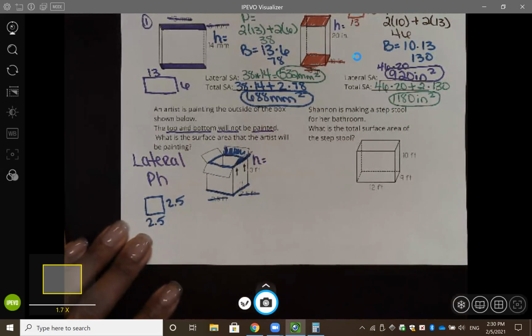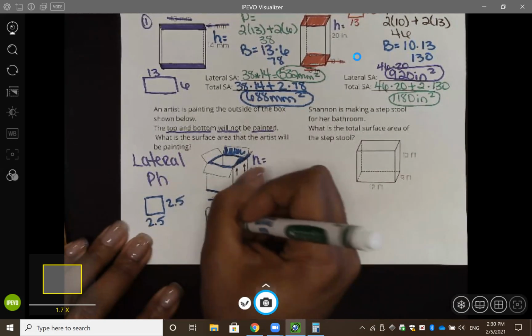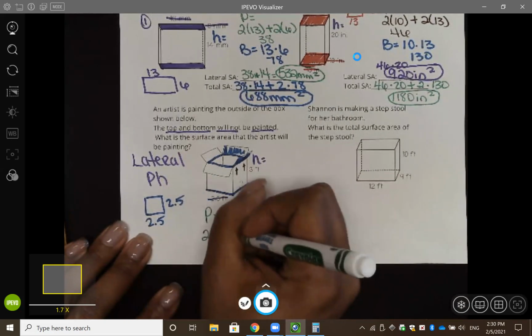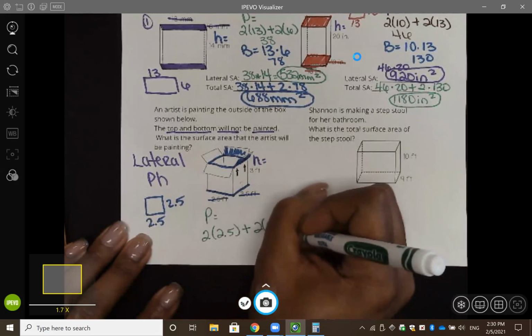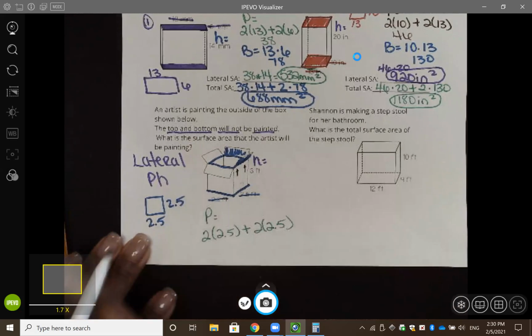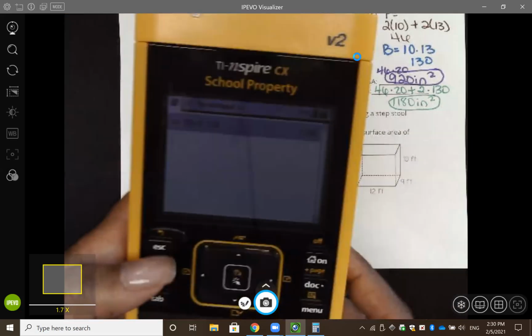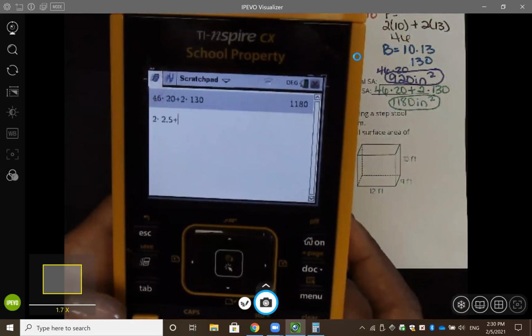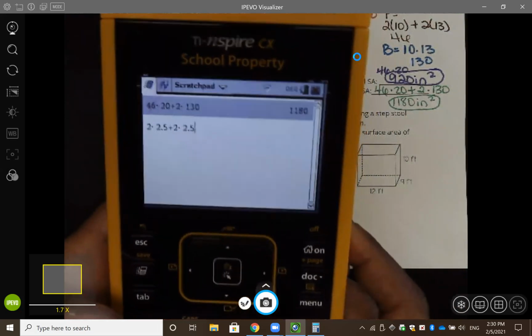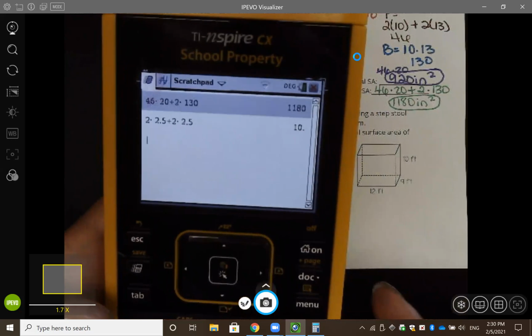So now to find my perimeter, I'm going to do 2 lengths plus 2 widths. Put that in my calculator. So 2 times 2.5 plus 2 times 2.5, and I got 10.